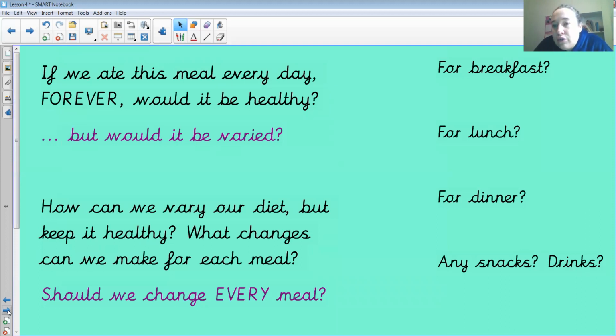Okay, so you've all drawn your lovely meals. I'd like you to think now, if we ate this meal every day forever, would it be a healthy meal? Has it got everything in it in the right proportions? Now, it might be a healthy meal, but would it be varied? If we ate the same meal every day for the rest of our lives, would we still be able to say we're eating a varied meal?